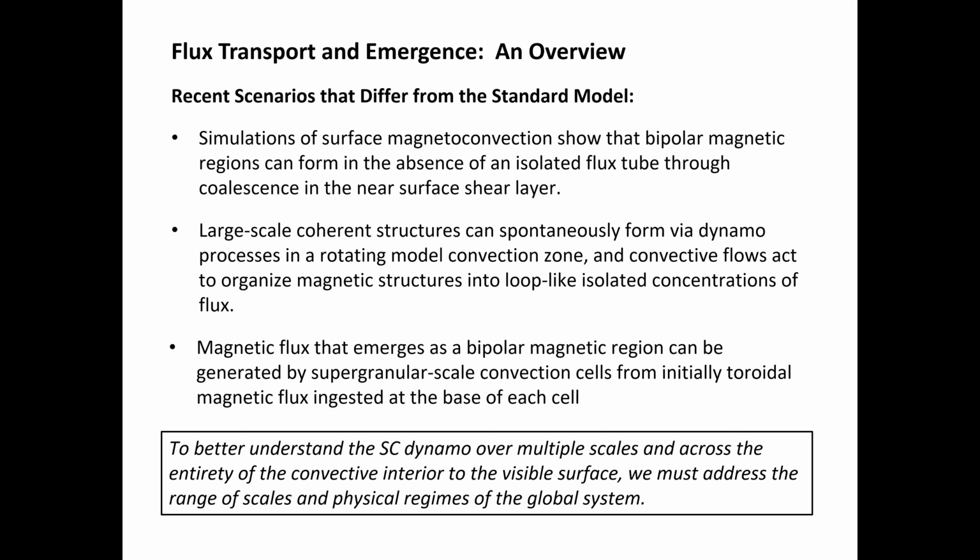And one of the goals, at 30,000 feet, of the flux transport and emergence theme is to use it to obtain a better understanding of the emergence process in order to better understand the solar cycle dynamo over these multiple scales and across the entirety of the convective interior to the visible surface.